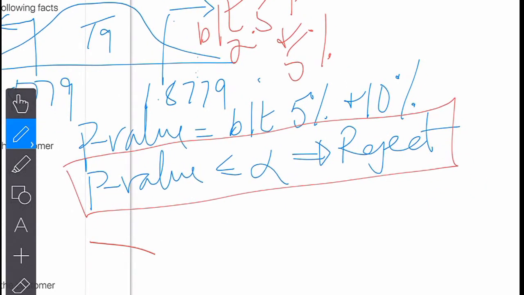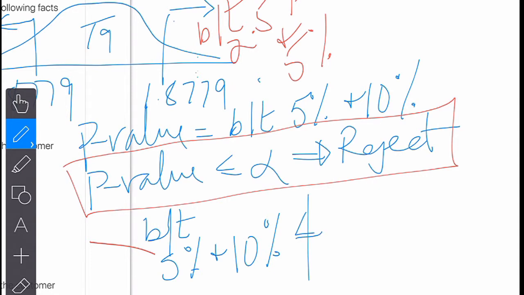You write between 5% and 10% is not smaller than an alpha that's always set at 5.